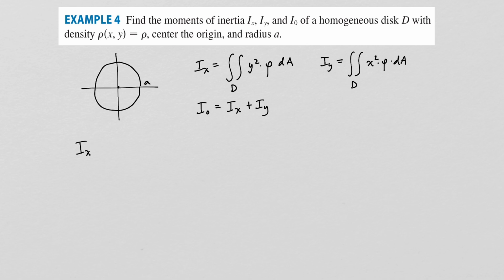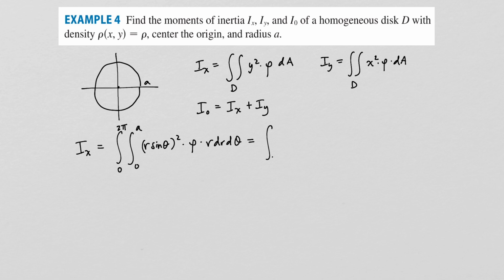So Ix is equal to the double integral. And once again, we're going to use polar coordinates. It's much easier to use polar coordinates. Theta goes between 0 and 2 pi. R goes between 0 and a. We have y squared, which is r sine of theta, quantity squared, times rho, but then times r dr d theta.